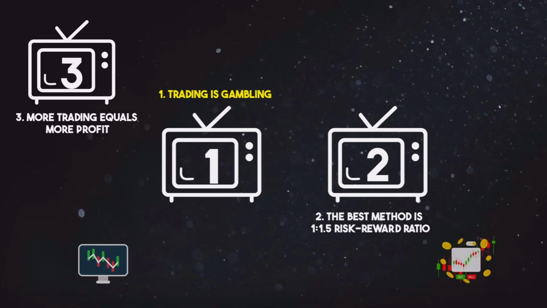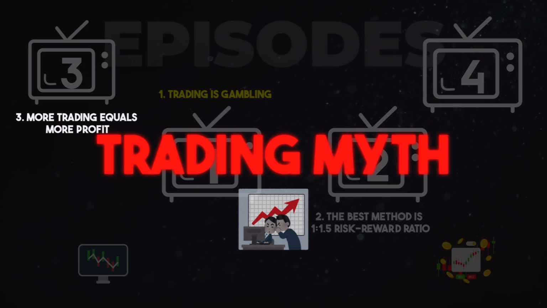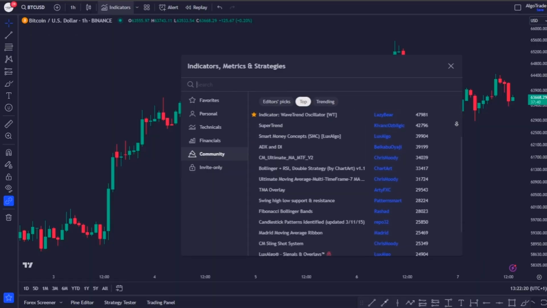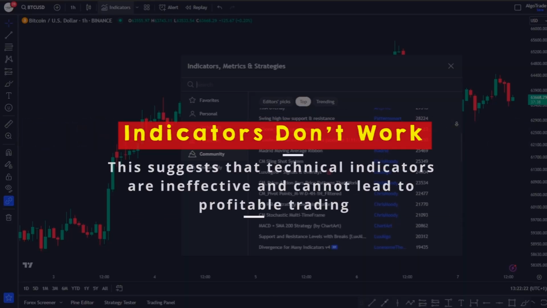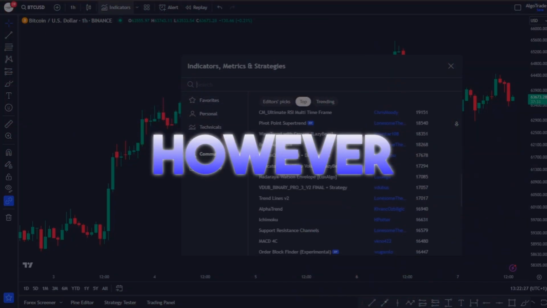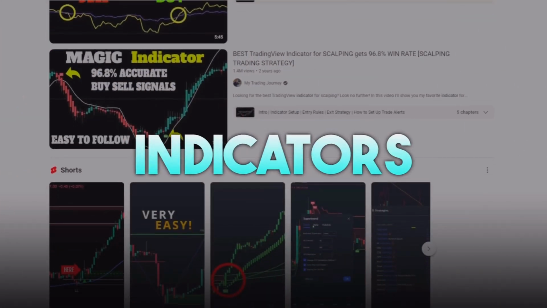Similar to our previous episodes, let's begin by addressing another common trading myth, this time being indicators don't work. This misconception suggests that technical indicators are ineffective and cannot lead to profitable trading. However, this idea usually comes from a misunderstanding of how indicators should be used.